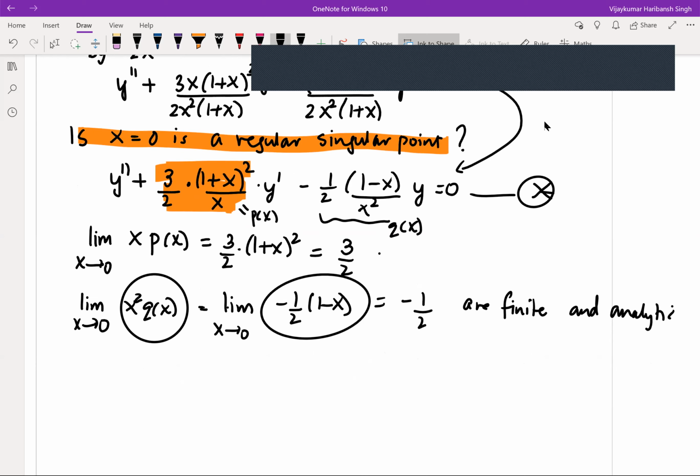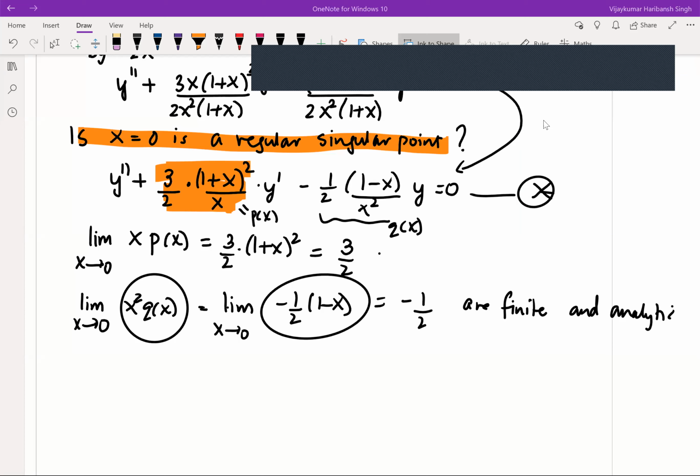So now let's write down, multiply throughout by x square and write down the corresponding Euler's equation. We have x y double prime plus x times, so we have what? So we get this thing here.